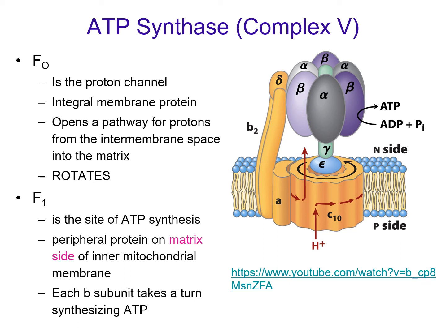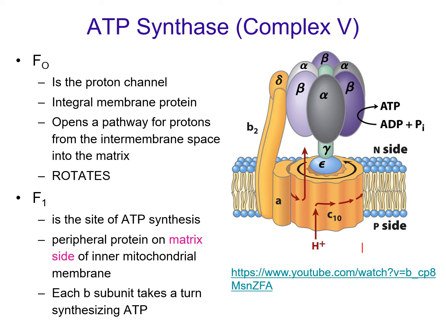All right, so this is the structure of ATP synthase. I don't really like this figure because it's upside down from what we've been talking about. But just to orient you, this is the intermembrane space and this is the matrix.